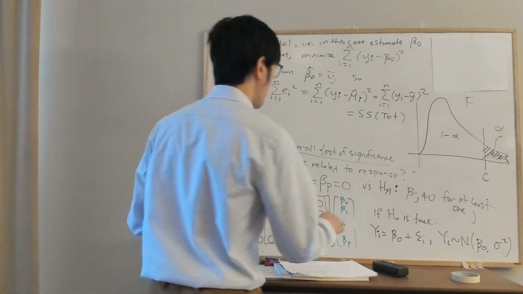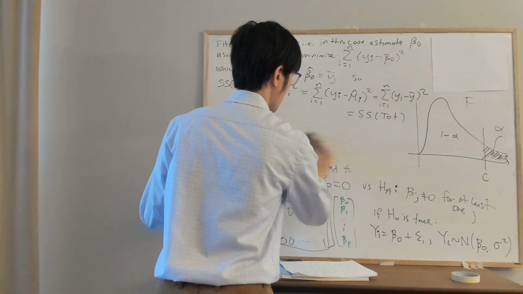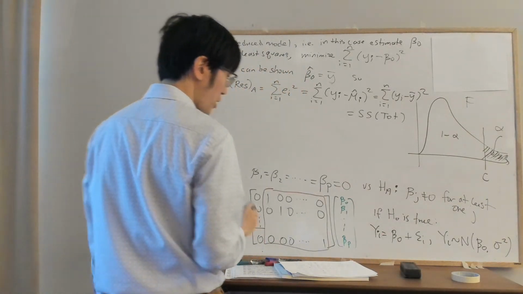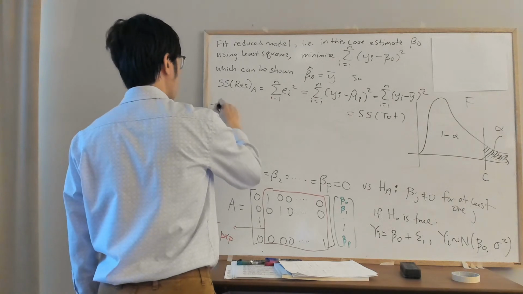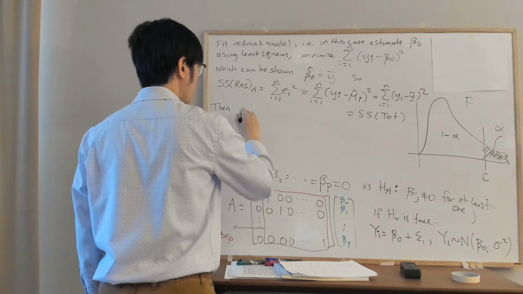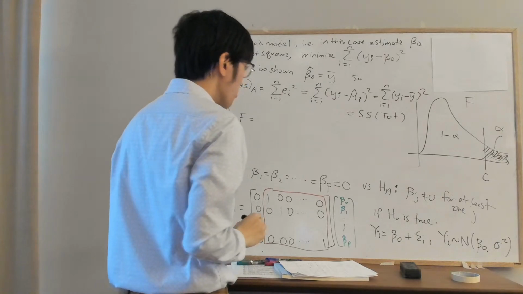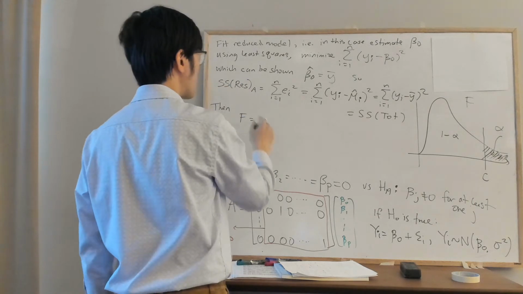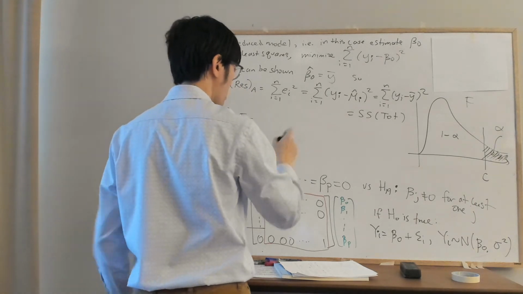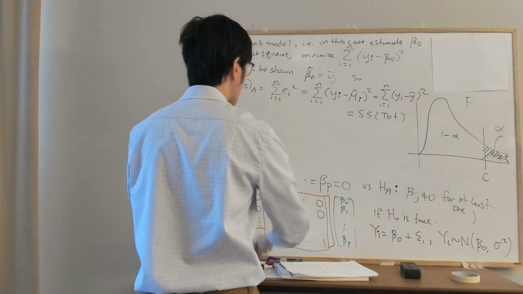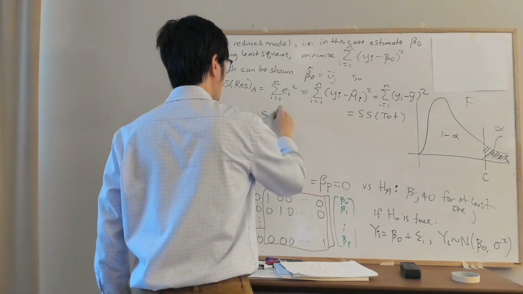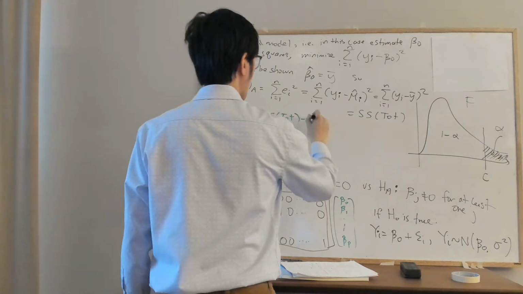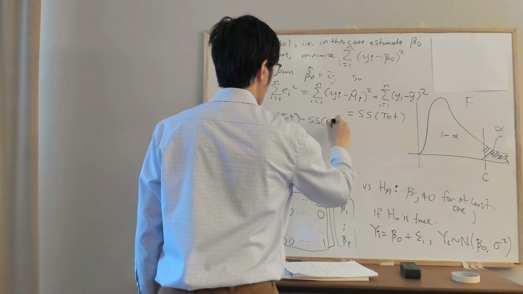So let's look at what happens to the F statistic. In this case, I can substitute the sum of squares residual under the constraint to be, so let me put in different colors so it's clear, the sum of squares total minus sum of squares residual.